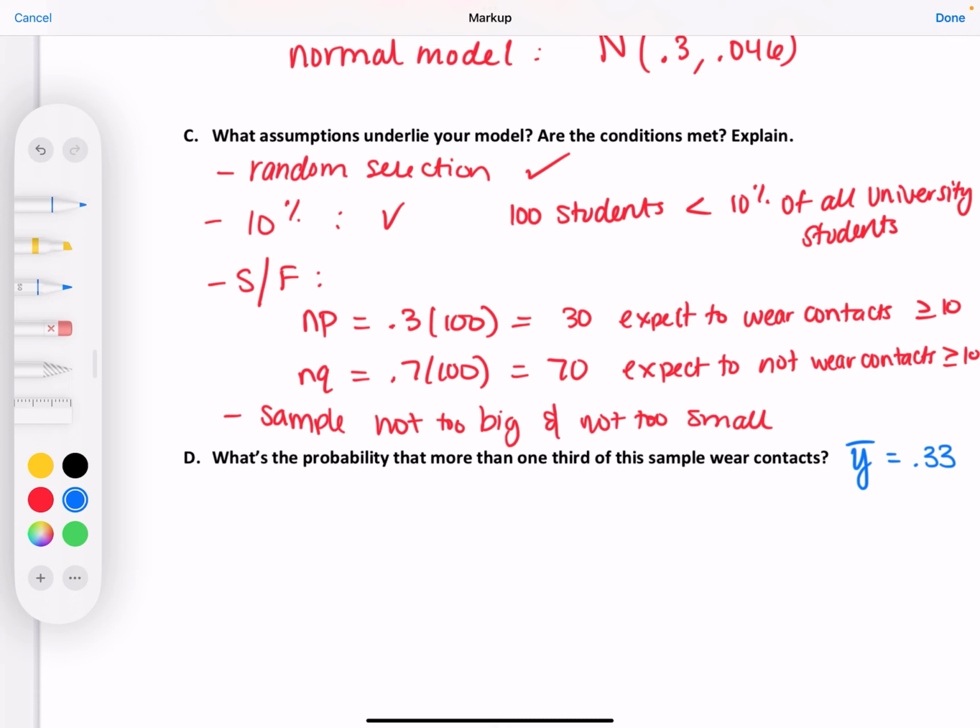So then we're going to use the z-score. So z is equal to 0.33 minus 0.3, so actual minus predicted, divided by the standard deviation, 0.046.